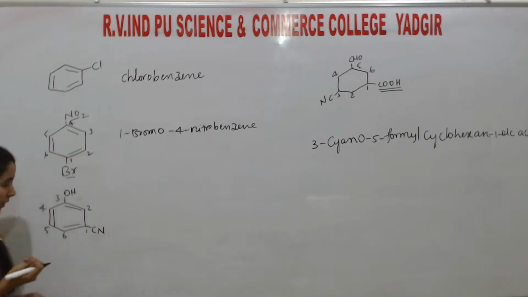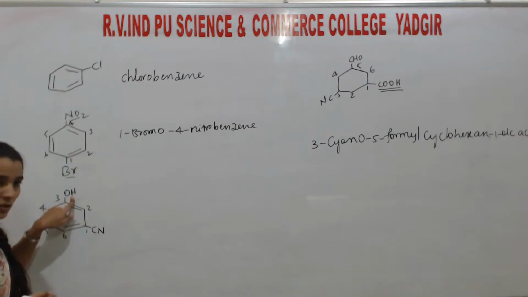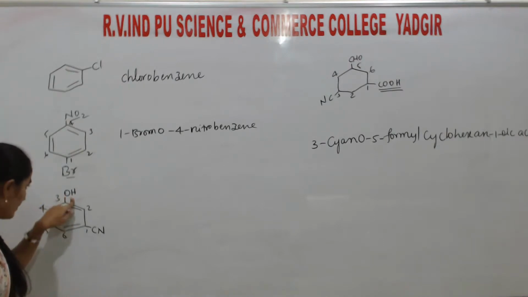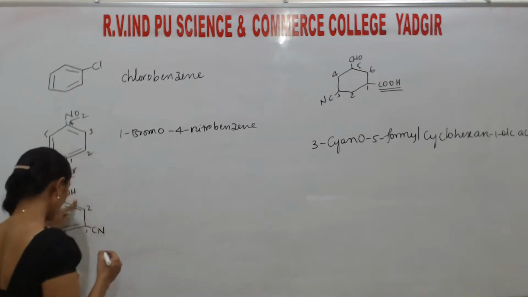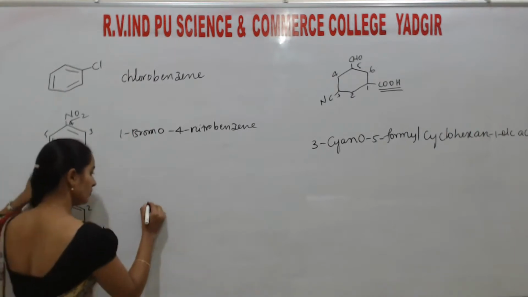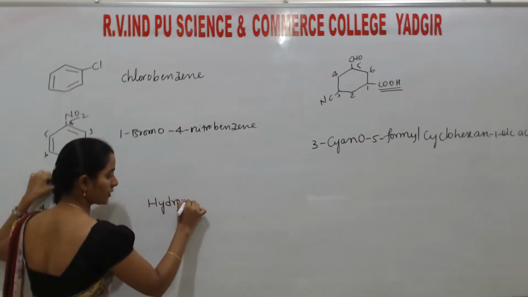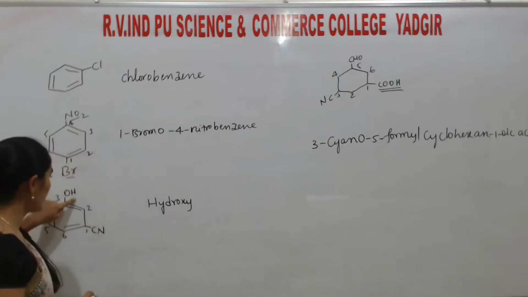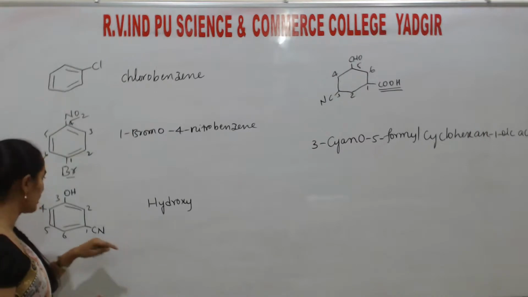So then listen. If this is the main functional group, then this becomes the substituent. The substituents are named as prefixes. What is the prefix for this OH? You consider. What is the prefix for this OH? That is hydroxy. Correct? The prefix of this OH is hydroxy. You keep the table with you, always refer to that.